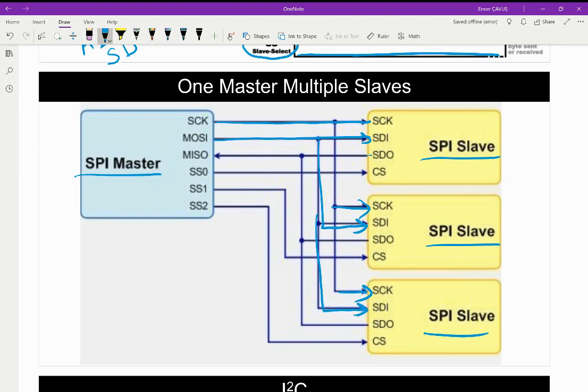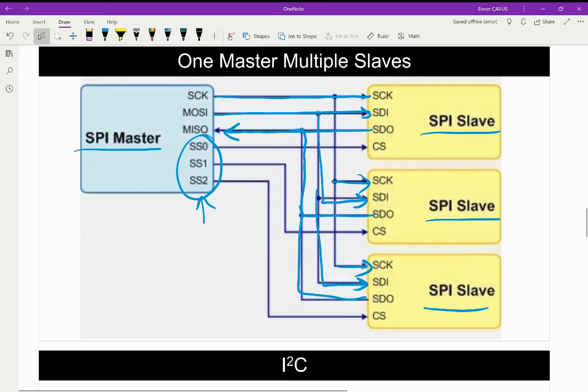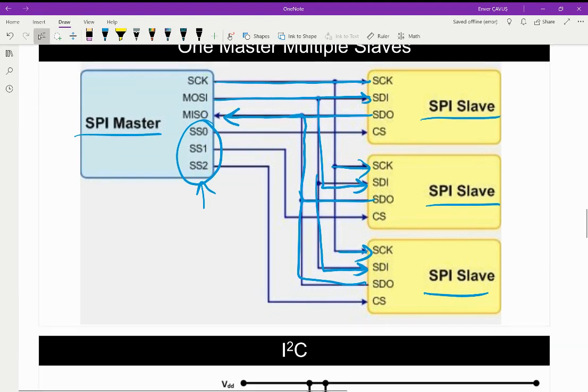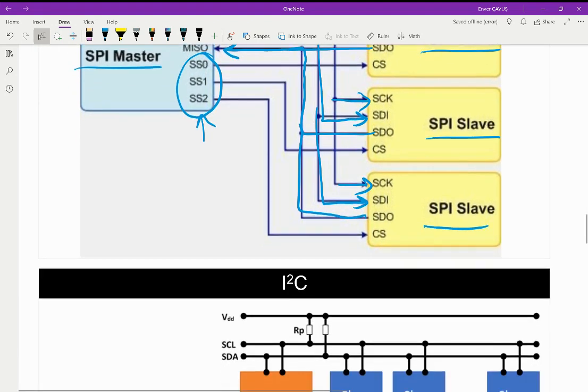So this is the slave data out, slave data out, and slave data out. And then to select which slave we are communicating with, we will be controlling these select signals. So basically, by setting these select signals, we will be controlling different slaves.